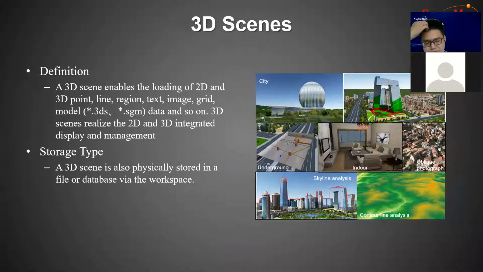This is all the basic things. So I will say it simply and quickly, so we can get to the operations. And we can also have the 3D scenes in the workspace.